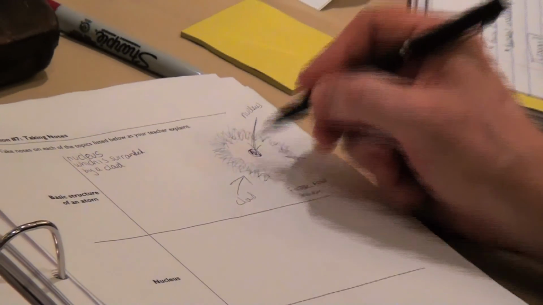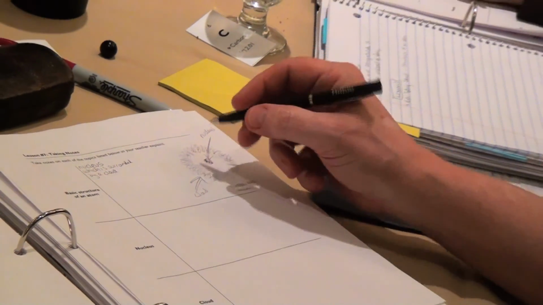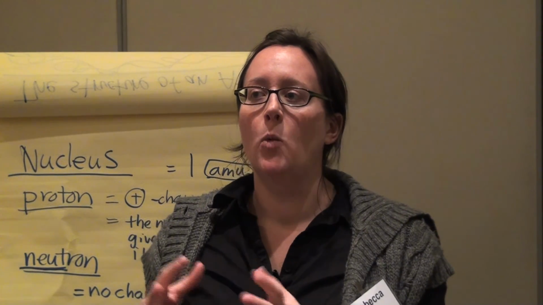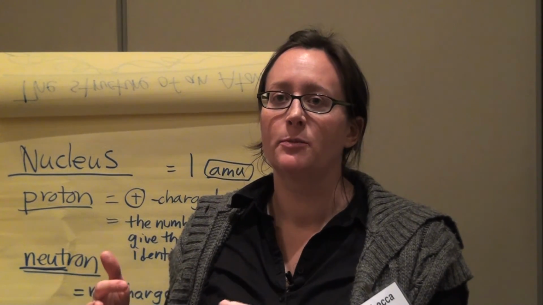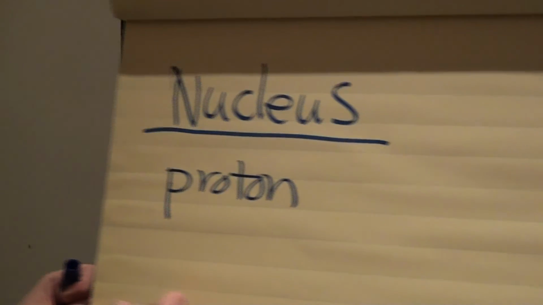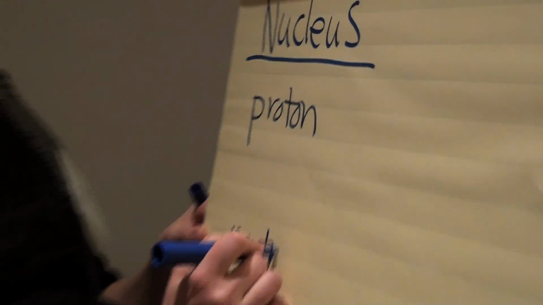They take notes on a template while I'm speaking about this, and then we look closely at what the nucleus is and what particles are part of the nucleus. So the nucleus is made up of 2 kinds of particles. Here we have a proton, and we have a neutron. Now, a proton is positively charged.